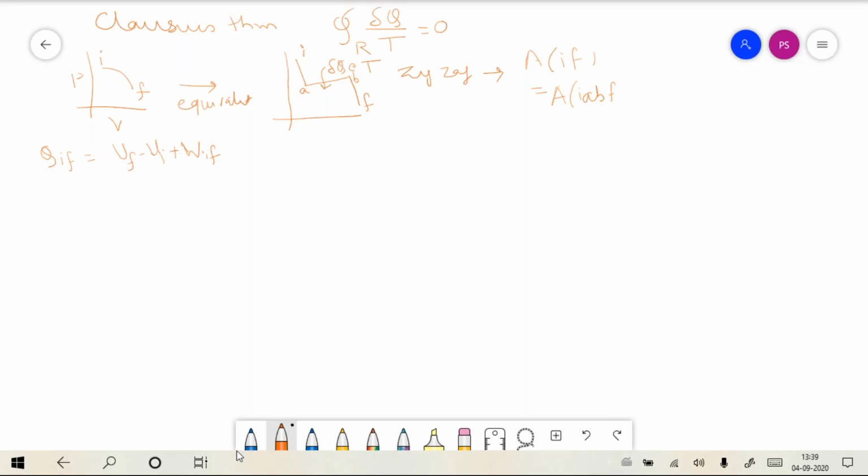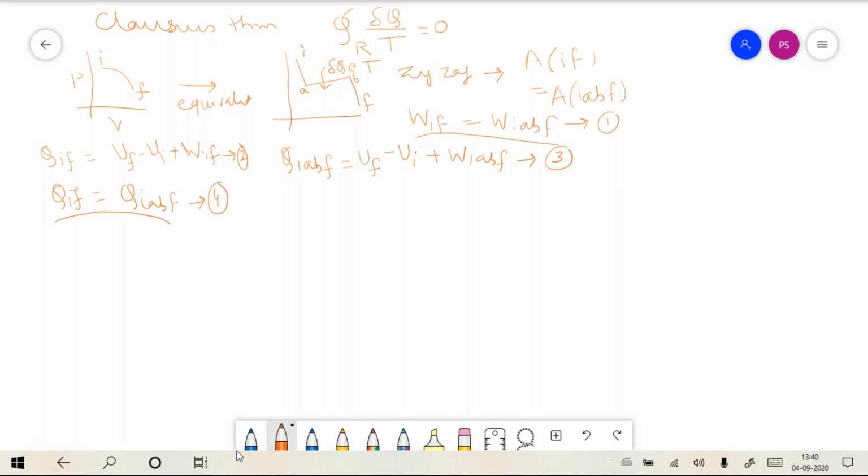So if you look at equations 1, 2 and 3, what you get is Q_IF is equal to Q_IABF, which is equation 4. It means that in the process I to F and in the zigzag, these two processes are equivalent.